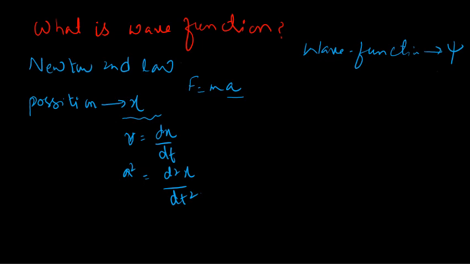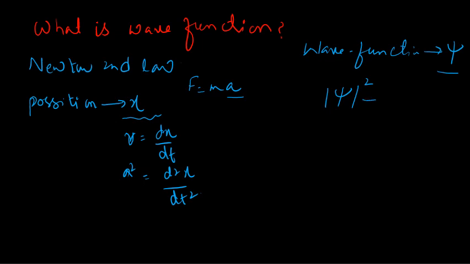So psi itself has no physical meaning, no physical interpretation. What has meaning is the square of its absolute magnitude, that is, psi amplitude square. It can be evaluated at a particular place at a particular time.